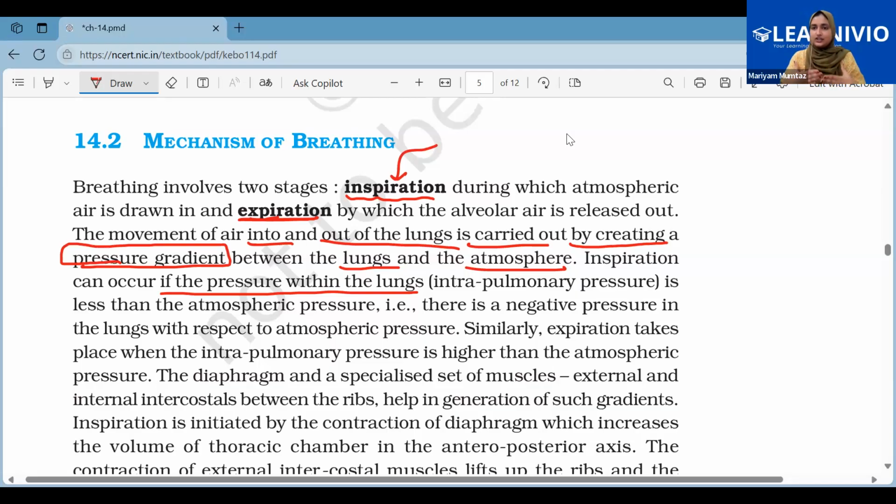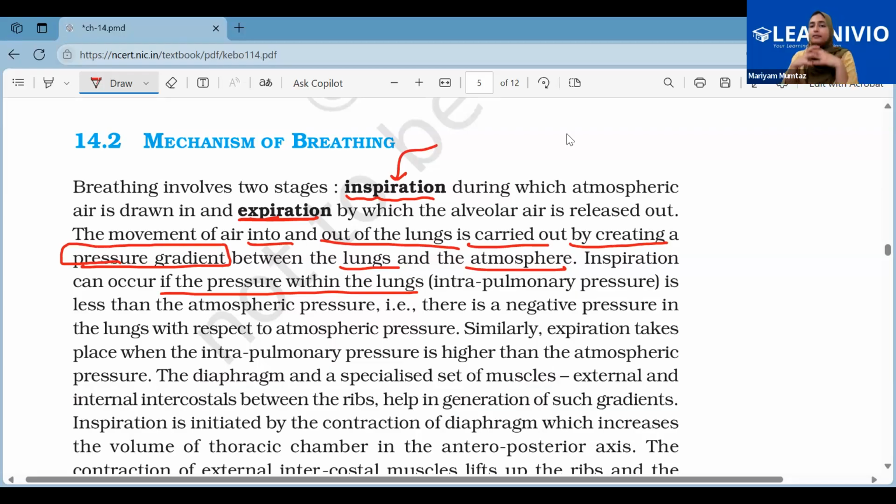So once we are breathing in, the volume of the thoracic cavity is increasing. The volume of the pulmonary cavity is also increasing. Now tell me one thing, students. If the volume is increasing, what will happen to the pressure? Pressure will decrease. Yes, because of the inverse proportionality, the pressure inside the lungs will decrease.